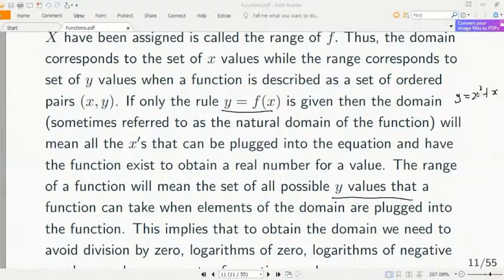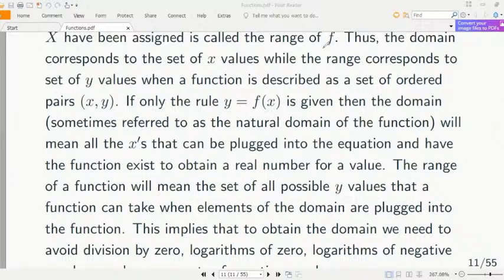If I plug in 0, if my domain has a 0, then y will be 0. Well, if I plug in 2, y will be 4 plus 2. If I plug in 1, y will be 2, and so on. So all those possible values that can be obtained when the values of the domain are plugged in would then form the range. That is, if only the equation is given.